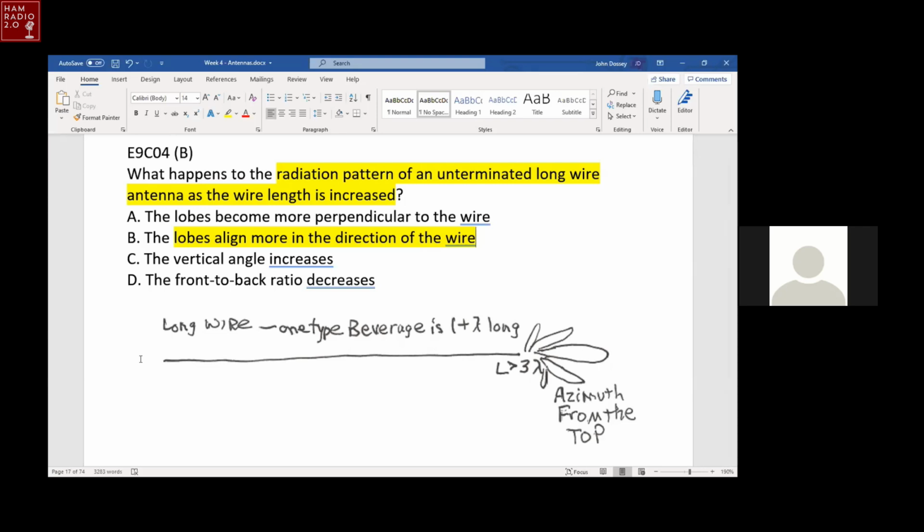I mean, relays at antennas are good to use. Just don't change the relay while you're transmitting RF power, because that'll burn the contacts. I've seen that happen. Anyway, unterminated long wire, the longer the better, and the lobes go off the end of the unterminated end of it.